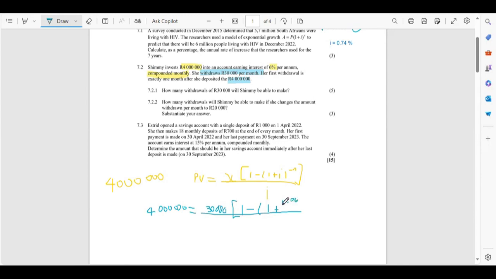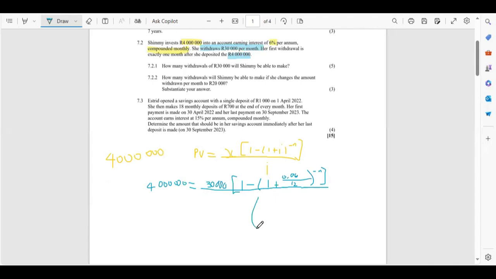And because it's compounded monthly, I need to divide the 0.06 by 12) all to the power minus n, which is my only unknown variable in this case. Now, this must be divided by your i, so let's say brackets. Even if you write 6%, as long as in your calculator you punch it in as 6% over 12.